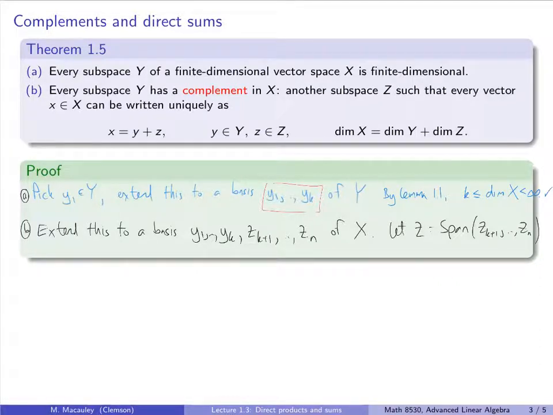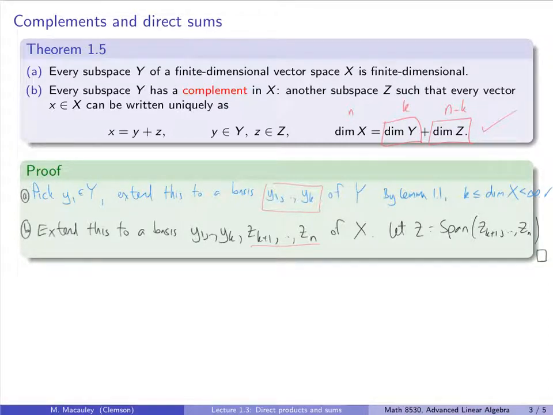So notice by construction, Y has dimension k, and Z has dimension however many of these there are. So that is n minus k, and the dimension of X is n. So again, the second part comes for free. This works. I don't think I need to prove that these are complements. In other words, because this is a basis, every element can be represented uniquely as a linear combination of these. So let's just say that this works and put an end of proof box here.